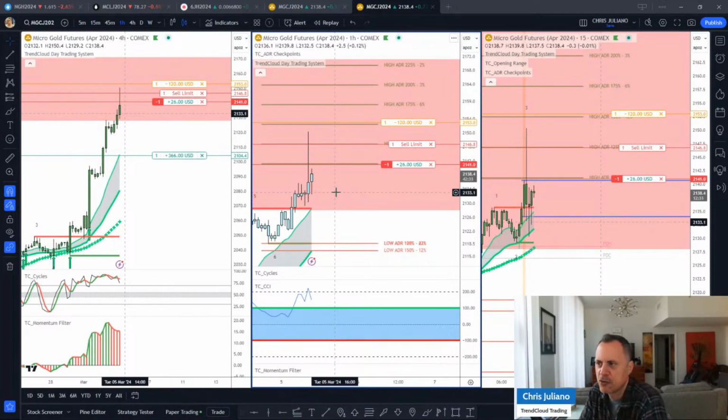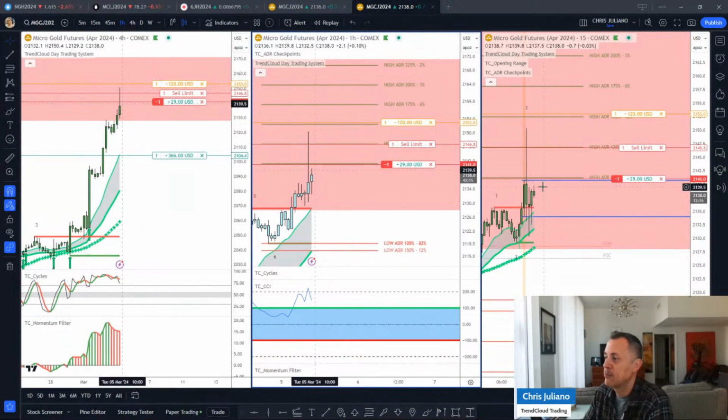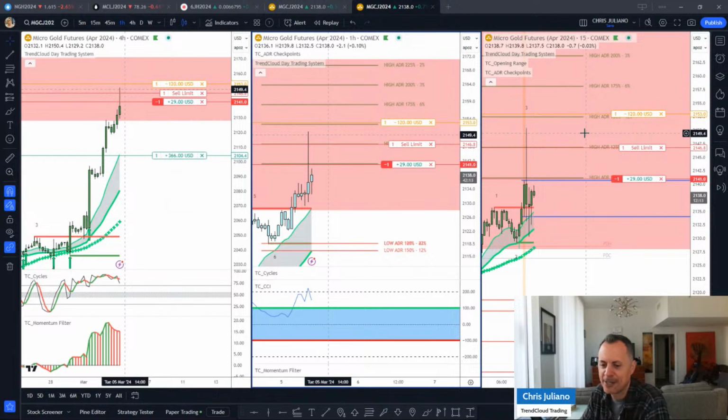But we can only trade what we see. You can't plan for every possible outcome. There's no trading plan for that, right? You won't have much of a trade plan then. And we know gold likes to whipsaw, right?